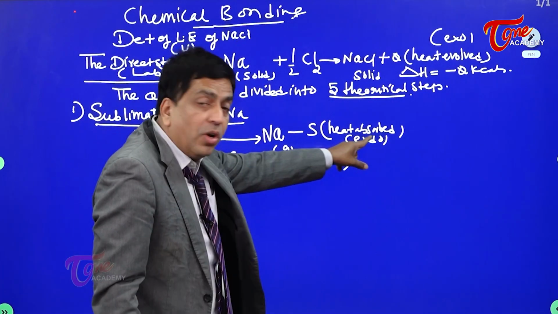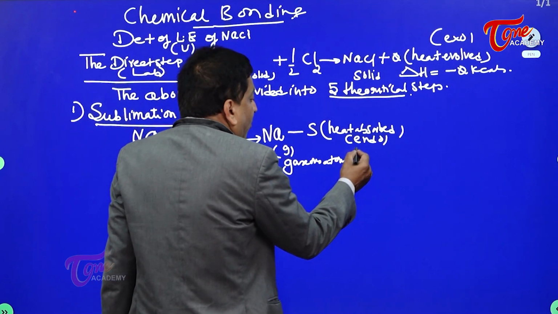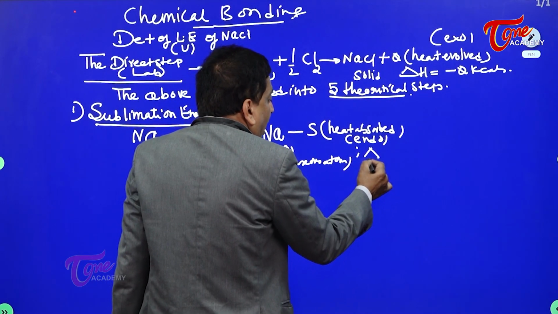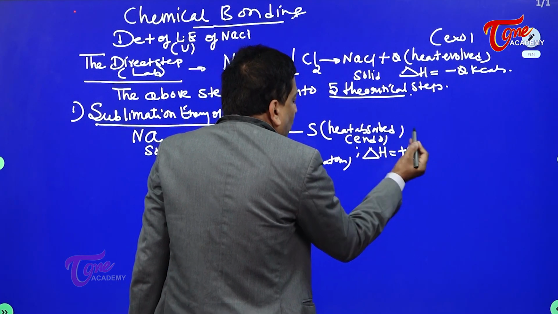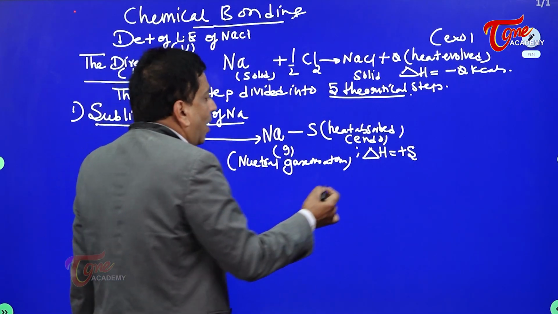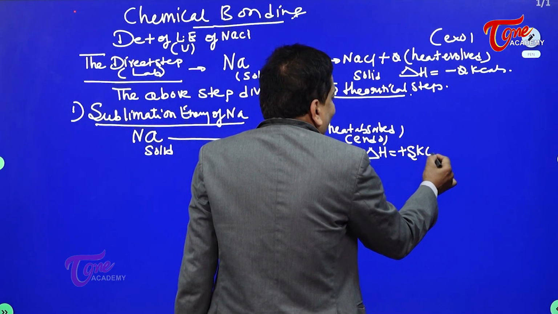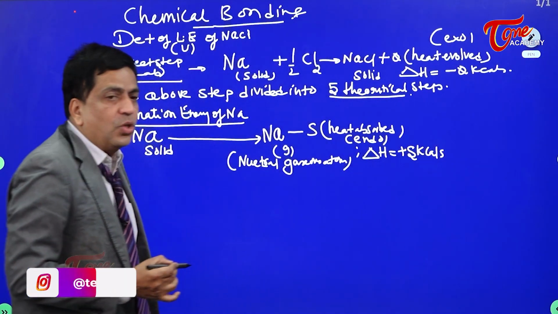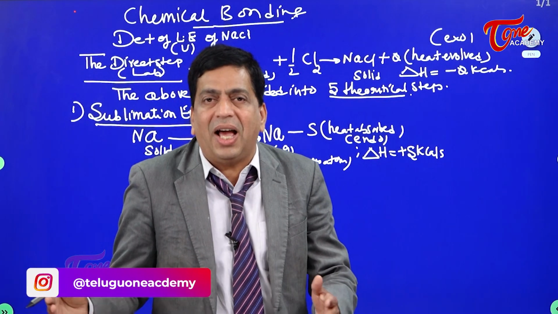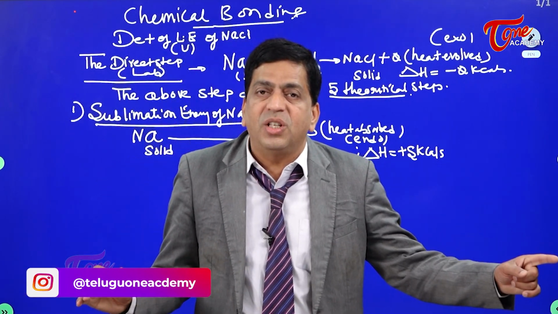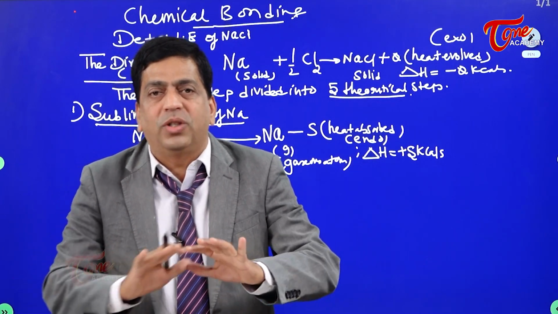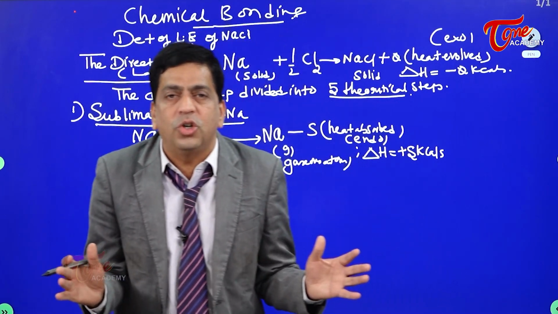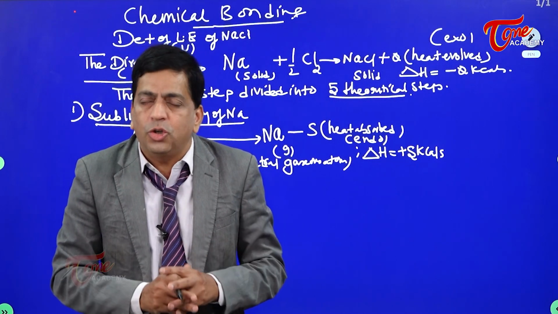And outside that, if you wanted to write the heat of reaction, then delta H is equal to plus S kilocalories. So outside the equation, if it is plus, it is endo. Within the equation, if it is minus, it is endo. So within the equation minus and outside plus, both represent endo sign convention. You must understand it's a convention only, it's not a concept.